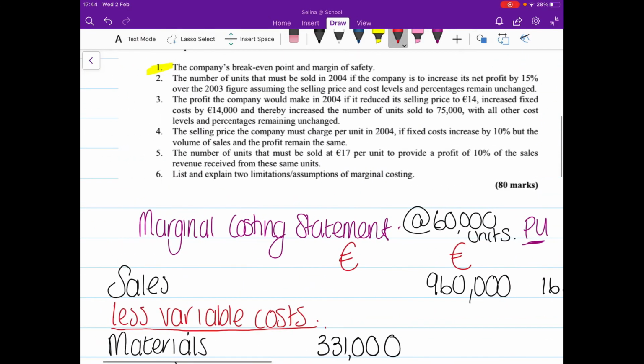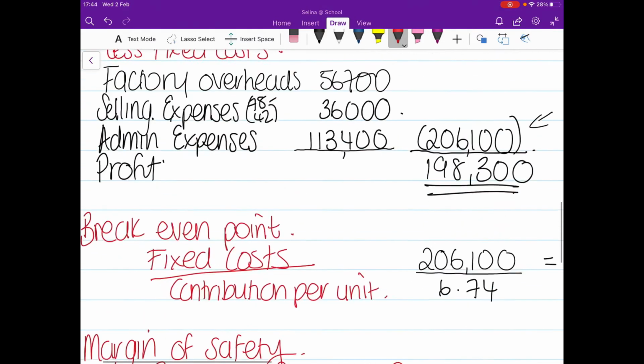So point 2 is calculate the number of units that must be sold in 2004 if the company is to increase its net profit by 15% over the 2003 figure, assuming the selling price and cost levels remain unchanged, okay?